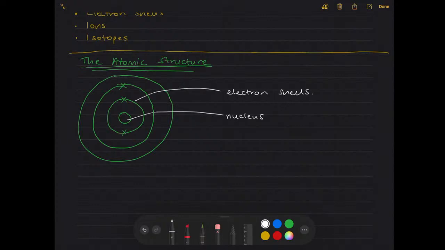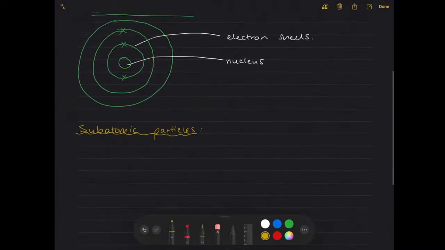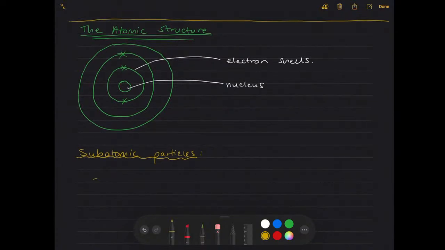Now, within an atom, you have what we call subatomic particles, with sub meaning smaller than, atomic meaning the atom, and particles meaning bits of matter. The three you should be familiar with from your time of science are protons, electrons, and neutrons.